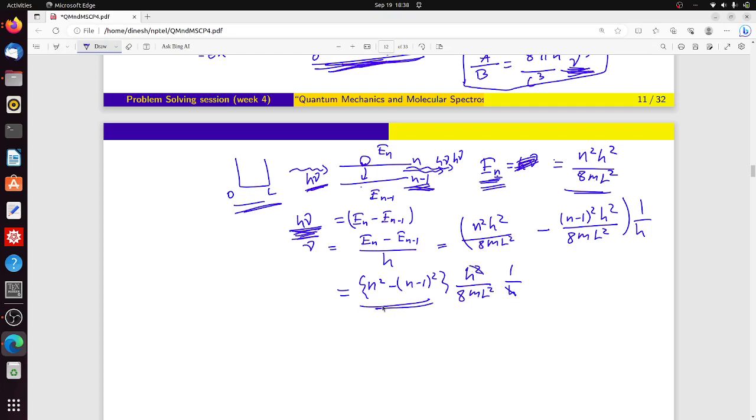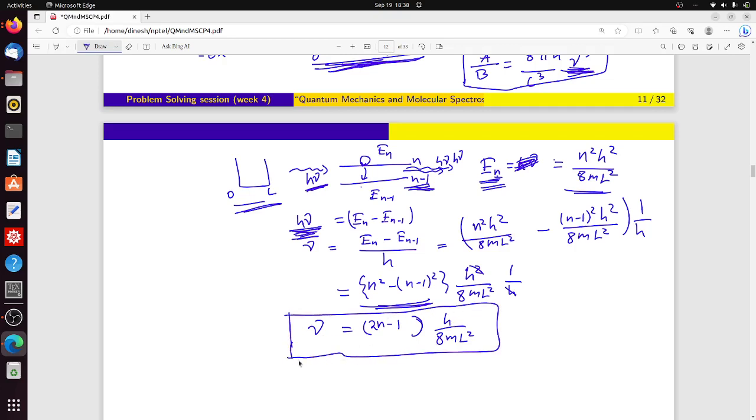Now can you solve this? It's pretty simple. Just tell me the number. 2n minus 1. Right. N square will cancel and 2n minus 1 will remain. Okay. So nu we got is 2n minus 1 times h over 8 m L square, right?